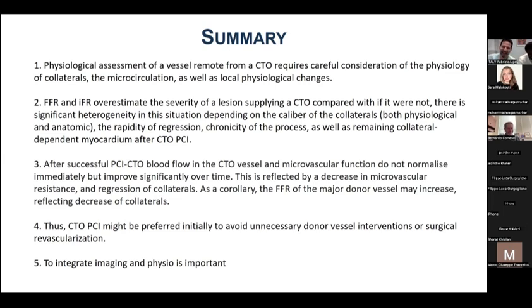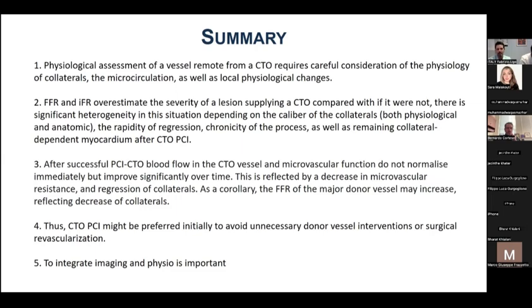No? Yeah. And for the summary of today's presentation, the physiological assessment of a vessel remote from a CTO requires careful consideration, as you suggest, Bernardo. The FFR and IFR overestimate, as we discussed before your connection, Bernardo, the real value of FFR and IFR, because they overestimate the severity of a donor vessel lesion in the setting of CTO.